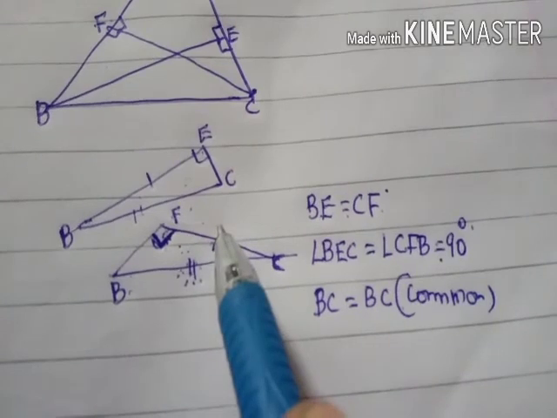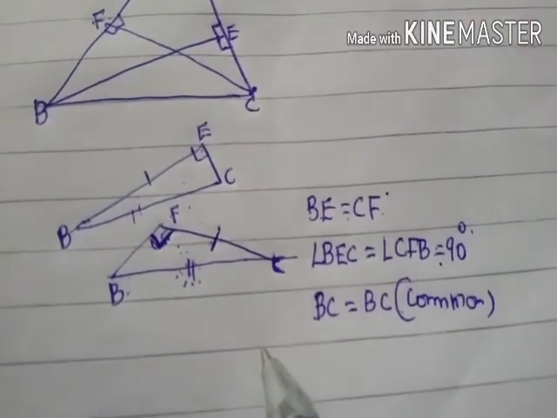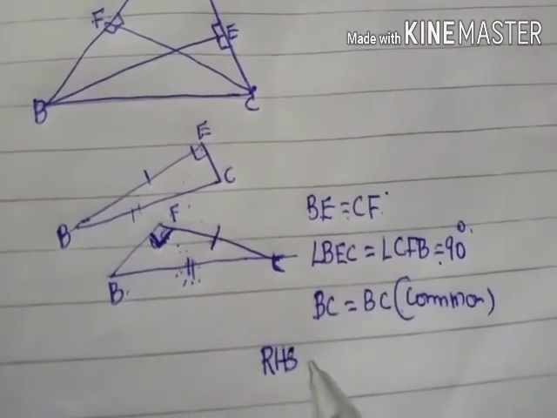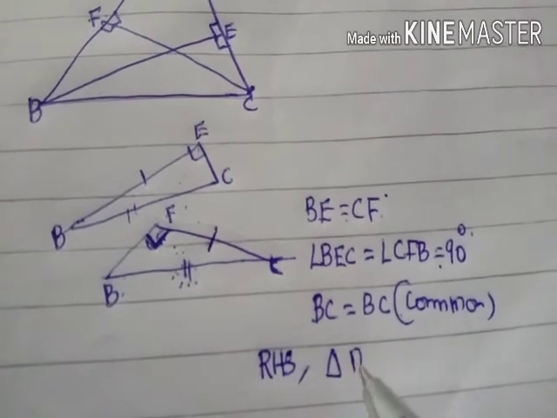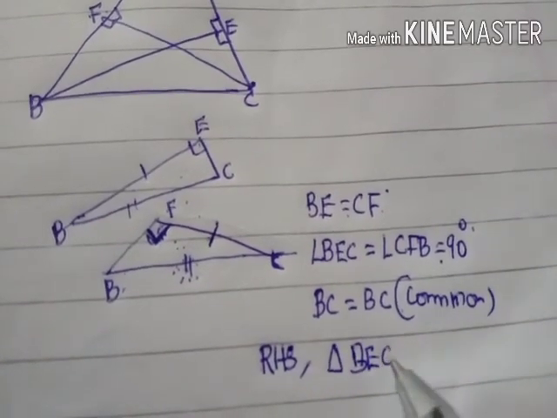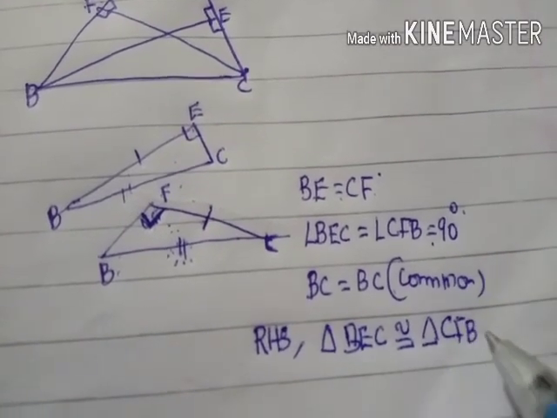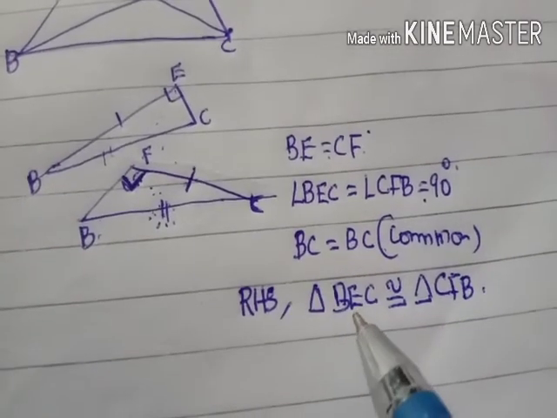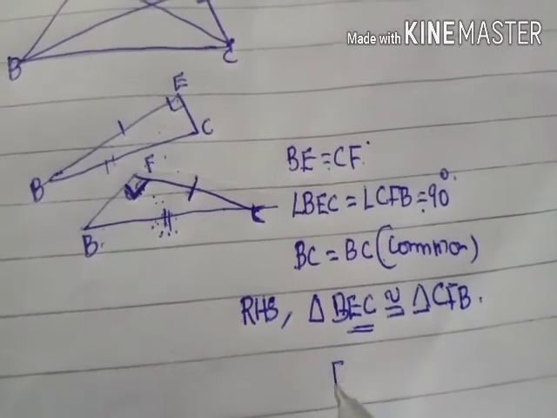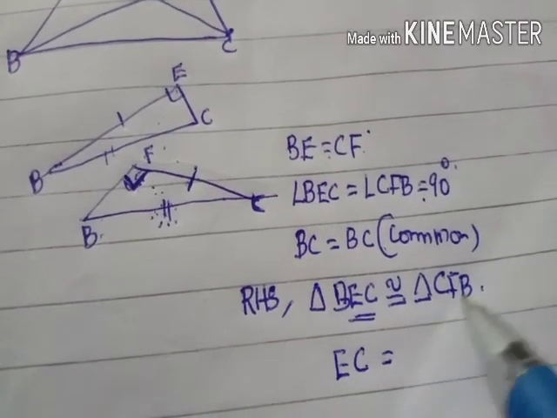So what's our congruence rule? Yes, by RHS congruence rule, triangle BEC is congruent to triangle CFB. Then by CPCT rule, EC side corresponds to FB.